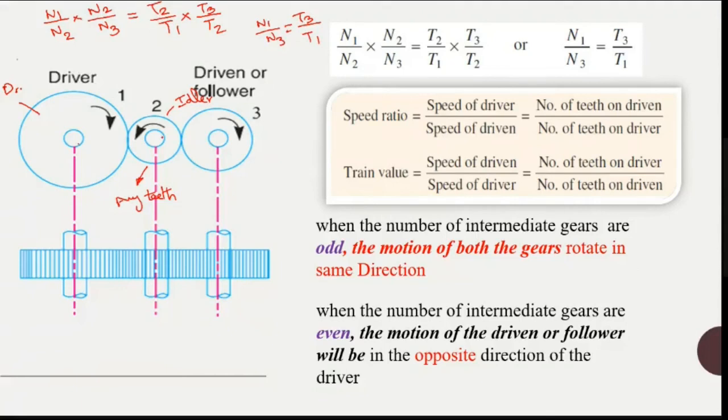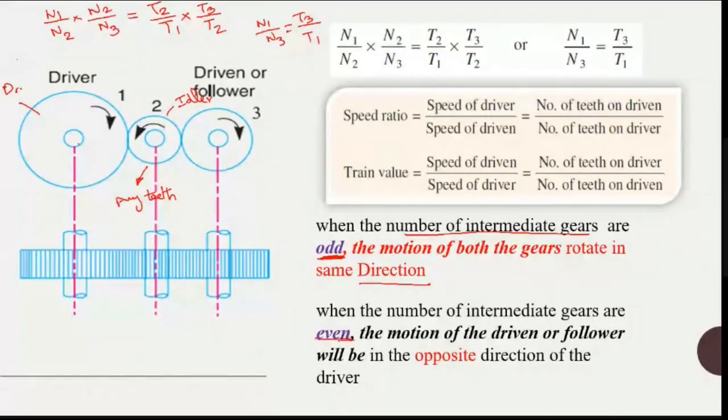Mainly you use this when you need same direction rotation. You should note that whenever the intermediate gear is an odd number, the driver and driven gears will rotate in the same direction.